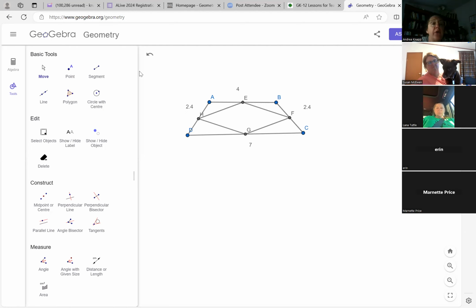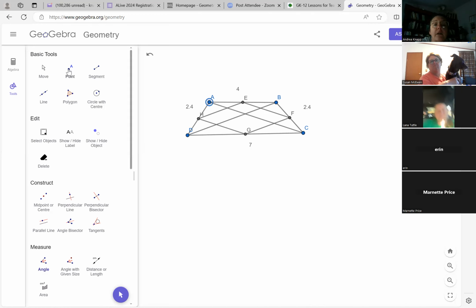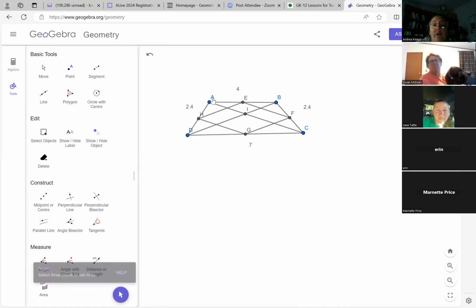So what I'm going to do is put on the diagonals. So here's our diagonals, and I'm going to measure one of those angles so that we can drag it to where they're perpendicular. Let me put on a point, sorry. Right, now I'll measure it.